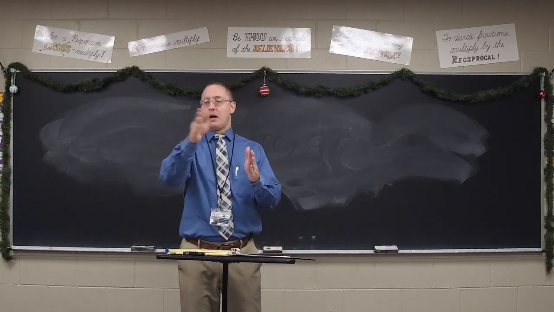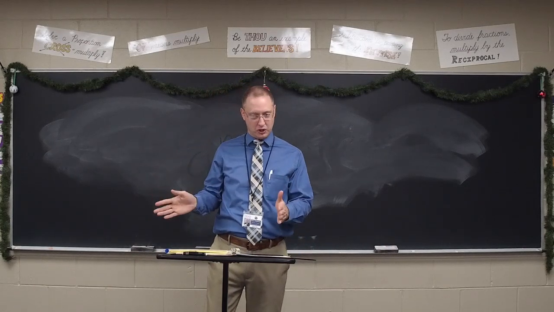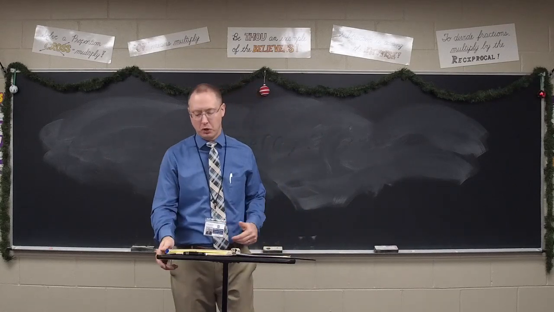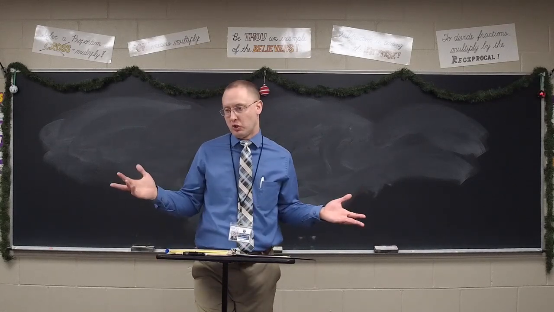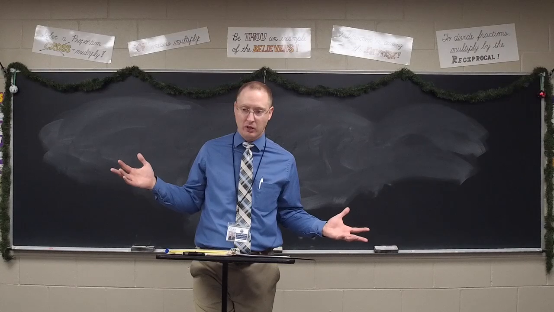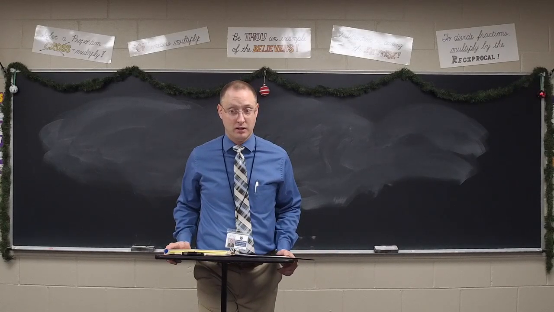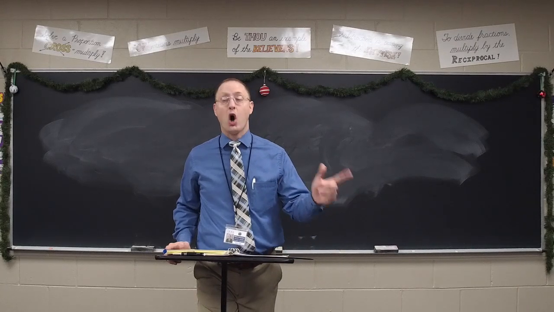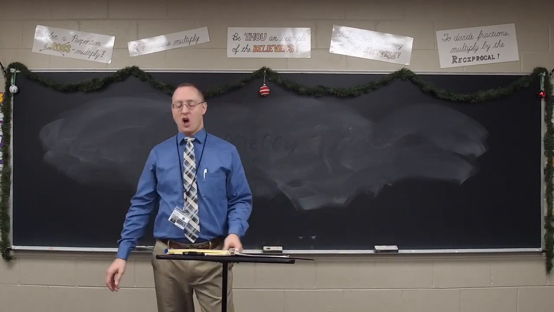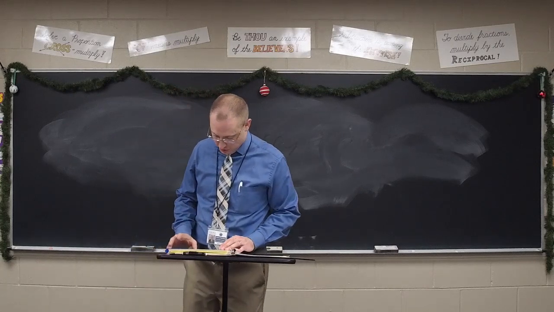So if I started and stopped exactly half a circle, that would be a semicircle. But in general, just any part of a circle, however much I feel like, doesn't necessarily have to be half, we would call that an arc. Any portion of a circle is referred to as an arc.